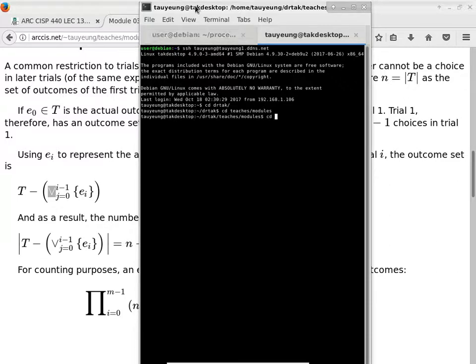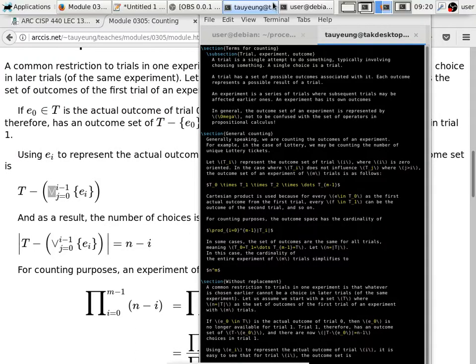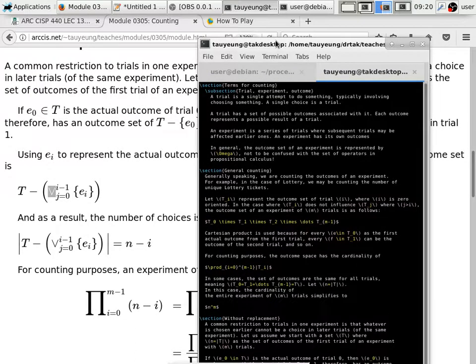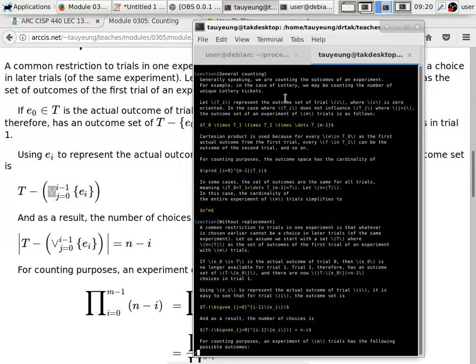This one is module 305. It's used in 2 lines. There are 2 different instances of that same mistake, this one and the line following it. So we'll go to 0305 and look for big V, and we'll replace those with big cup.